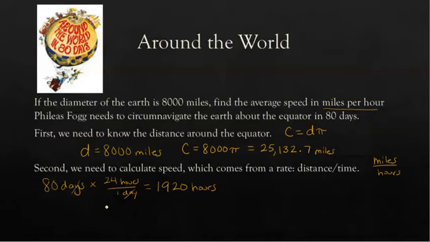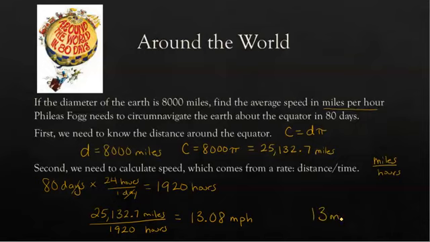Now we can divide the total miles by the number of hours and see what that mile per hour rate is. I get that it's 13.08. That would be miles per hour. And then I would go ahead and round it maybe to the nearest units place, so 13 miles per hour. It doesn't seem very fast to do that in 80 days.